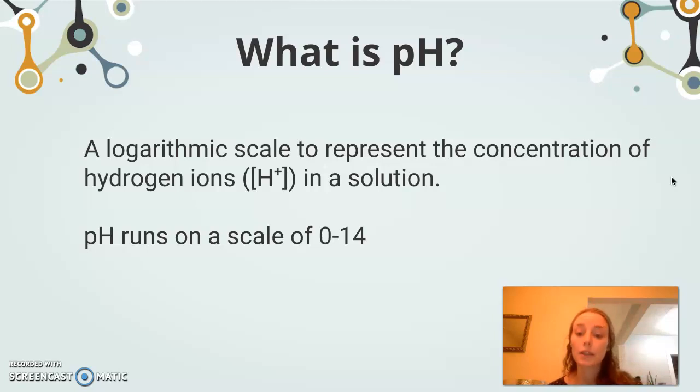And we know that pH runs on a scale of 0 to 14. It is possible that in math classes you've used the log function on your calculator or the inverse log to do what's called log problems. And so we're going to be applying some of that knowledge to chemistry to further understand acids and bases and how strong or weak they are in a solution.